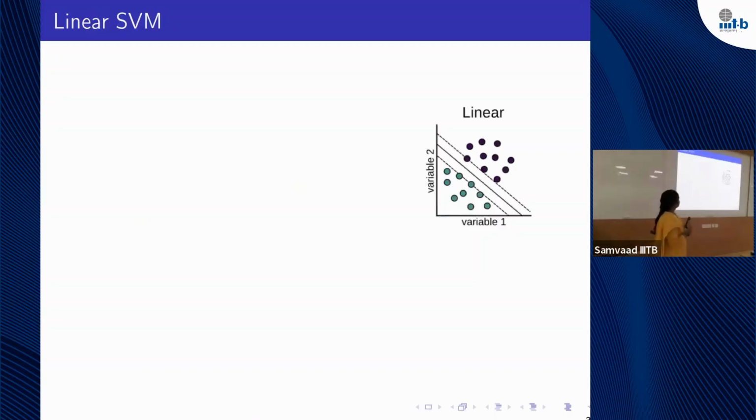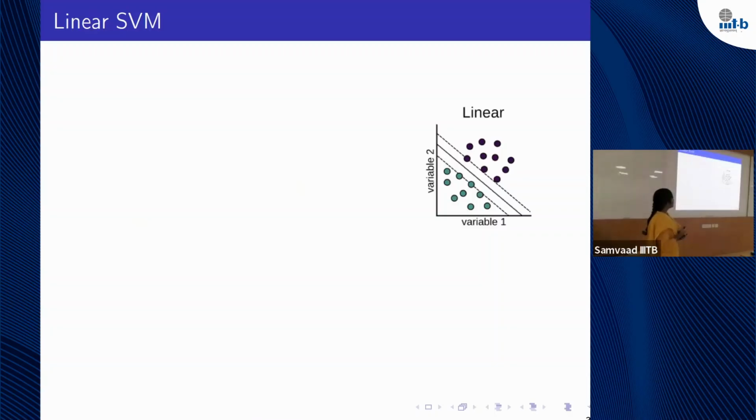So let's get started with SVM, the basic one, which is called a linear SVM. The task here is to do classification. You have a cluster of points, say these, all of these belong to class 1, and all of these green points, say they are cluster 2, and they belong to class 0.